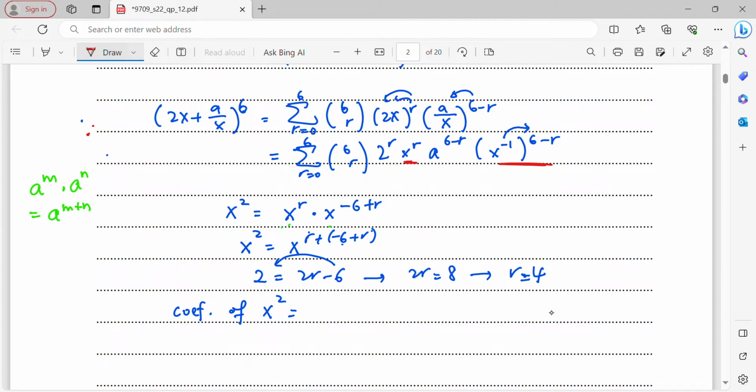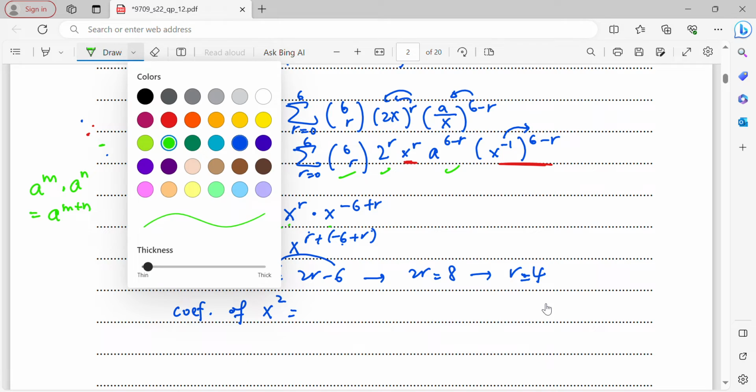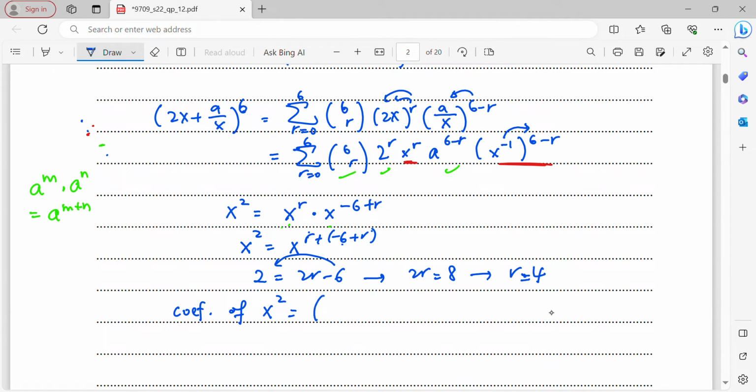I have to substitute r equals 4 into all these terms, the green ticks. That means I will be getting 6C4, 2^4, a^(6 − 4). So from here, you will be getting 240a^2.